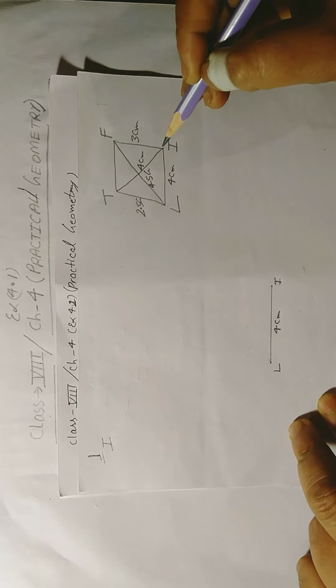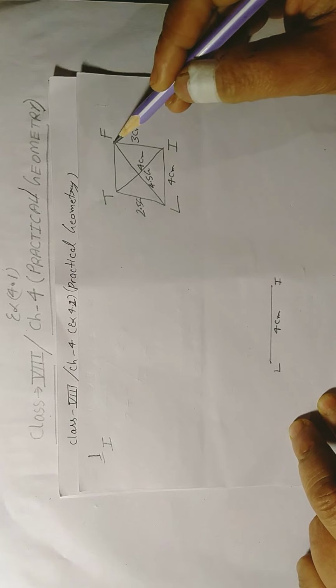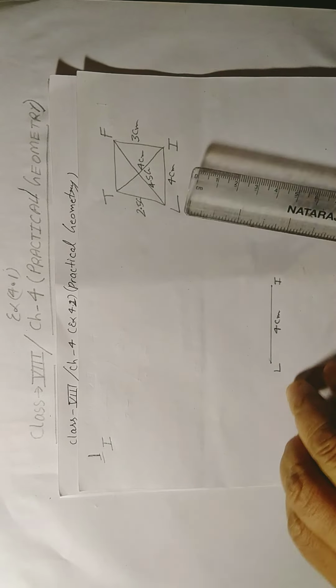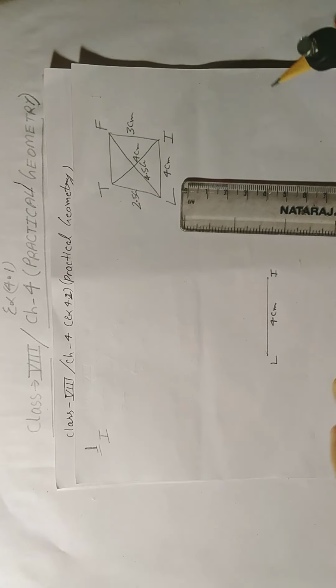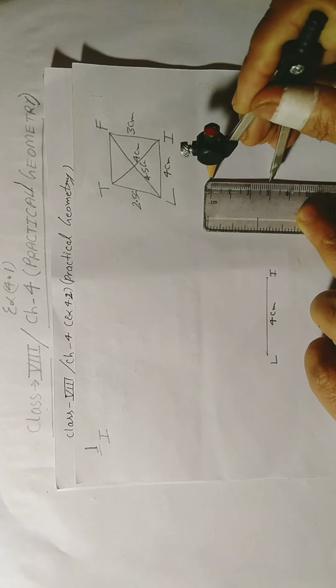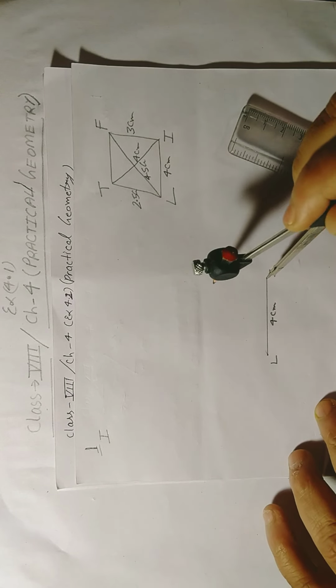Now we have to draw an arc of 3 centimeter and 4.5 centimeter, so that we get point F. So we take distance 3 centimeter in the compass, put the compass at I, and draw an arc.